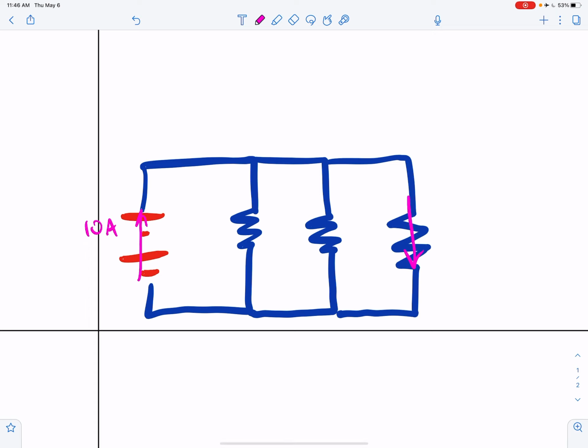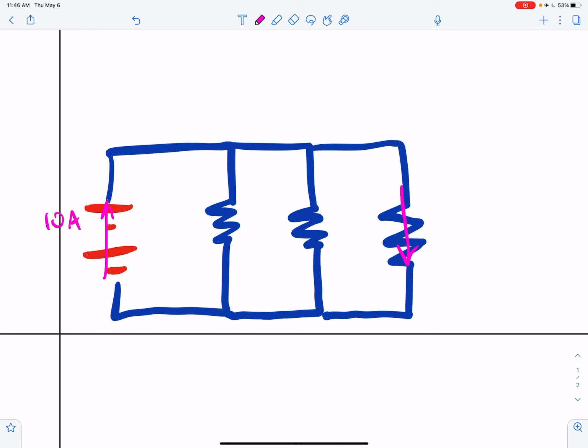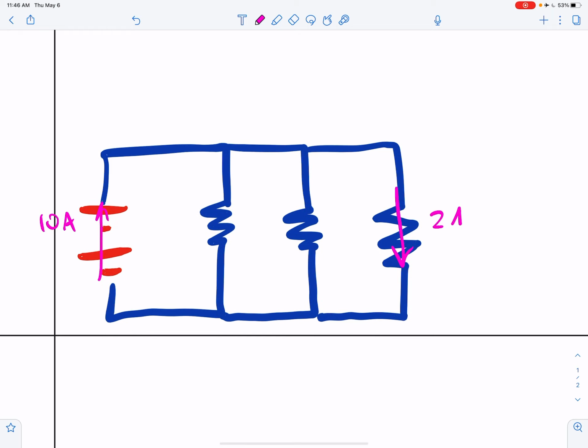So flowing down through this resistor, let's say that there were 2 amps flowing through that, and then let's say that there were 5 amps through this one, and then 3 amps through the last one. Sorry, I said resistance, I meant current. Notice that these currents, 2, 5, and 3, add up to 10, okay?